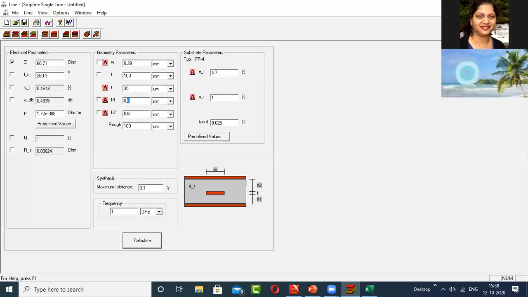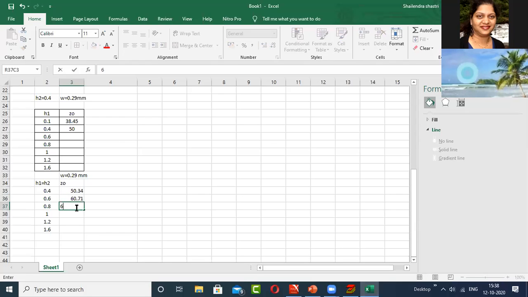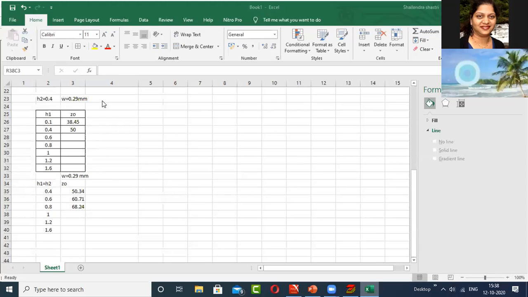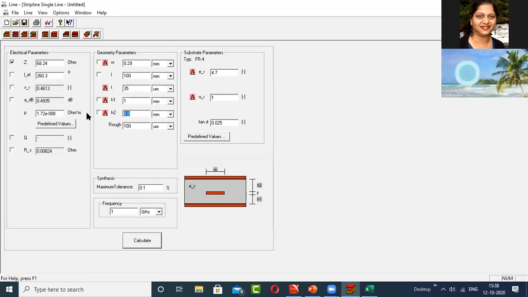And if it becomes 0.8 and 0.8, then what happens? It is 68.24. So it is increasing. For 1 mm, if both are 1 mm, it is 74.13.